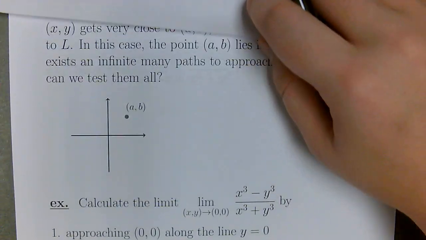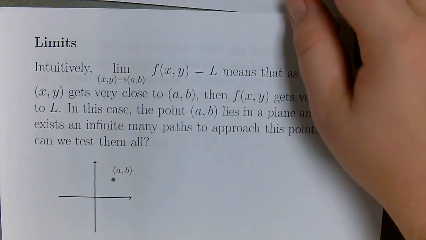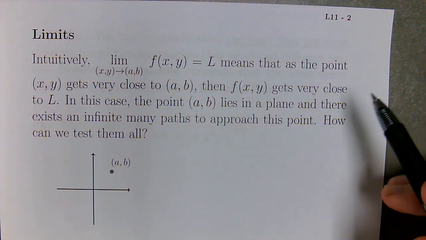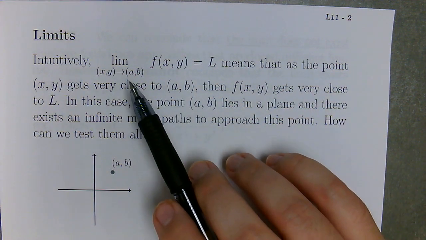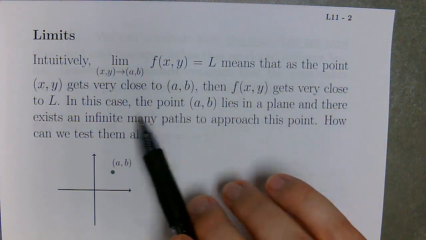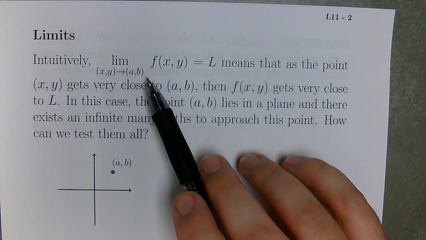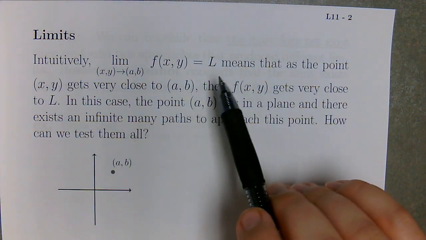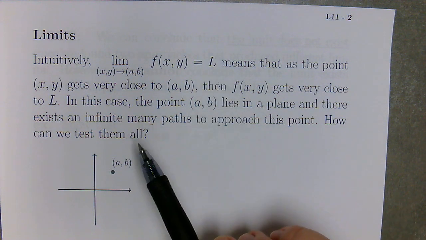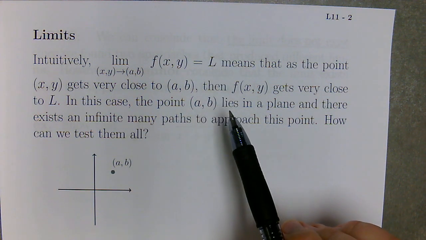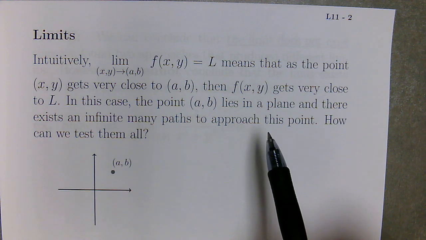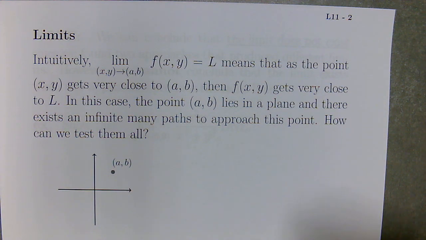All right. Let's move on here. So let's talk about limits for a multivariable function. Like limits for a single variable function, the limit means that as the point (x, y) gets very close to a particular point (a, b), then f of (x, y) gets very close to this particular number L. And in this case, the point (a, b) lies in the plane, and there are infinitely many paths to approach the point. So it's not just from the left or right anymore.